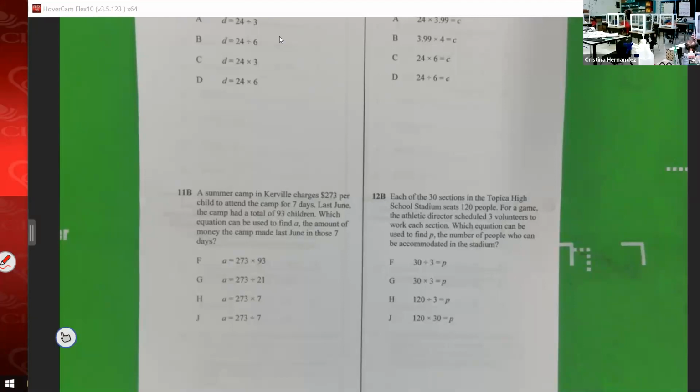How much did they pay to go to camp for 7 days? So what are you looking for here? What's that sign right there? Okay, so you'd be multiplying these two numbers, wouldn't you? So why did you put divide? Does that look like, maybe it looks like a multiplication?